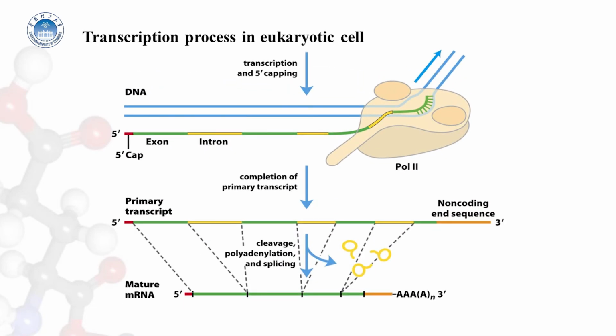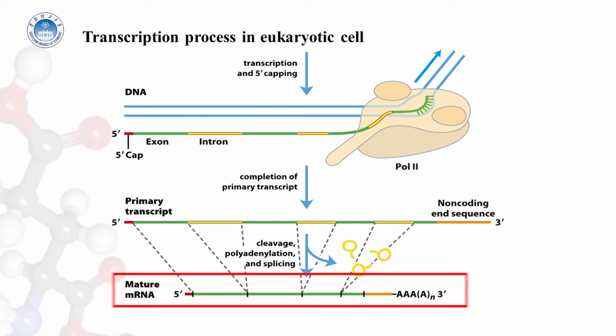Messenger RNA is a large family of RNA molecules that convert genetic information from the DNA. The RNA polymerase enzyme transcribes the gene into primary transcript mRNA, which is known as pre-mRNA.